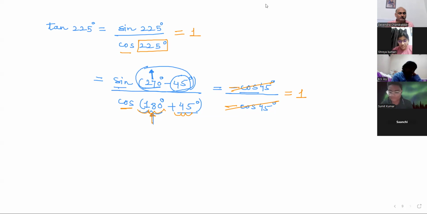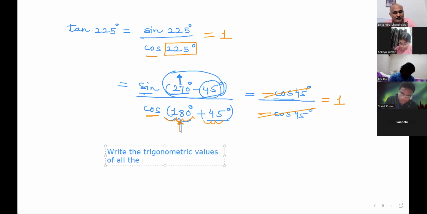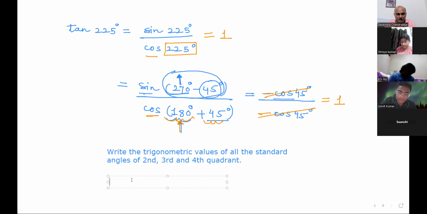Come on, so now homework for you all. If you have understood, fine, note it in your copy. Homework for all of you. Write the trigonometric values of all the standard angles of second, third and fourth quadrant. Okay. And you have to send this homework to me by tomorrow evening at this number 9574375555.